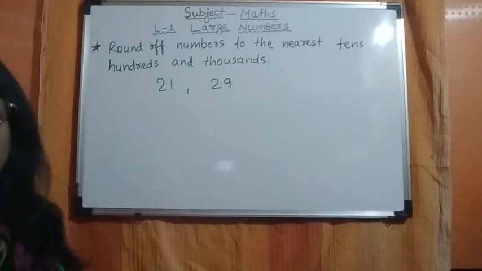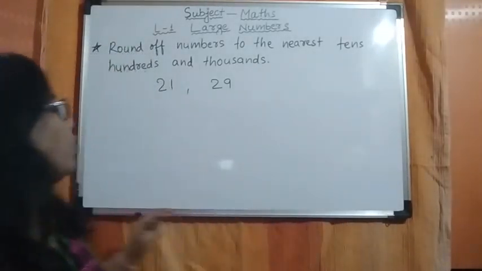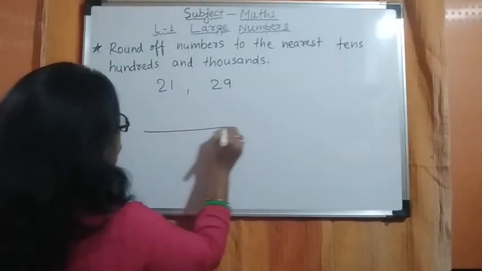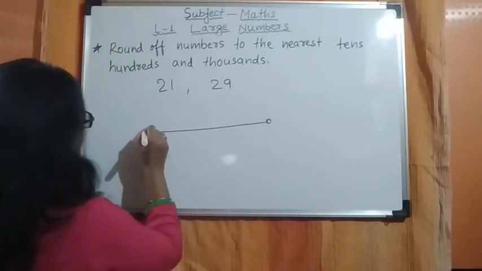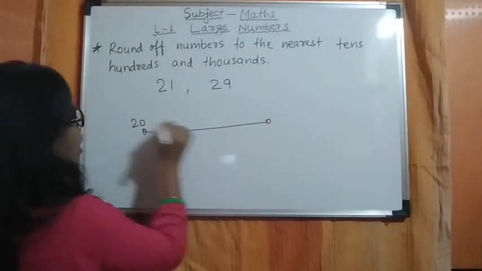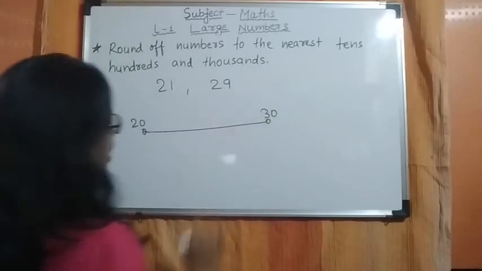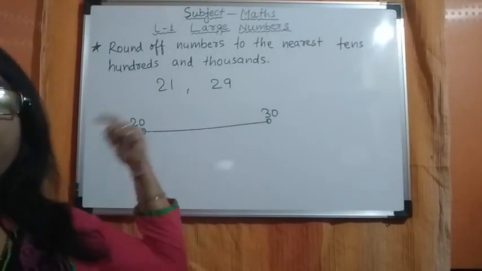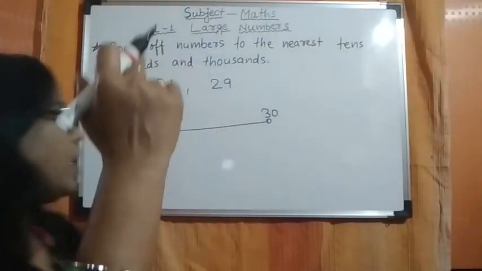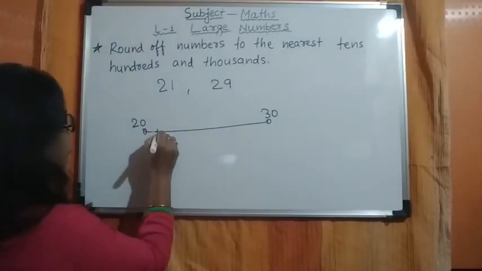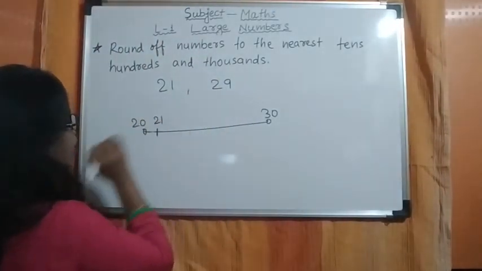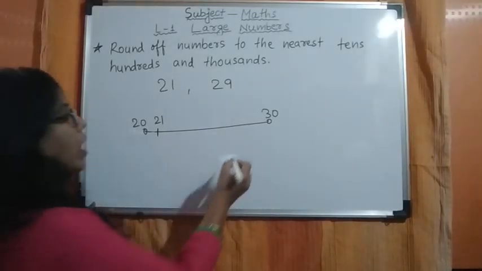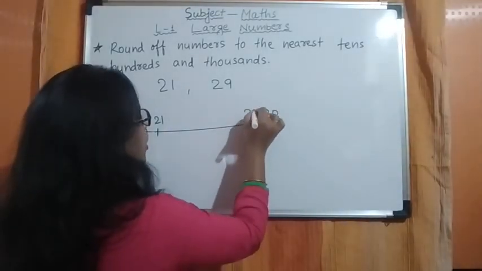There are two different numbers. Now see 21, if I put a scale here, writing 20 here and 30 here, can you say that 21 is near to 20 or 21 is near to 30? You will say that 21 is near to 20 and 29 is near to 30.